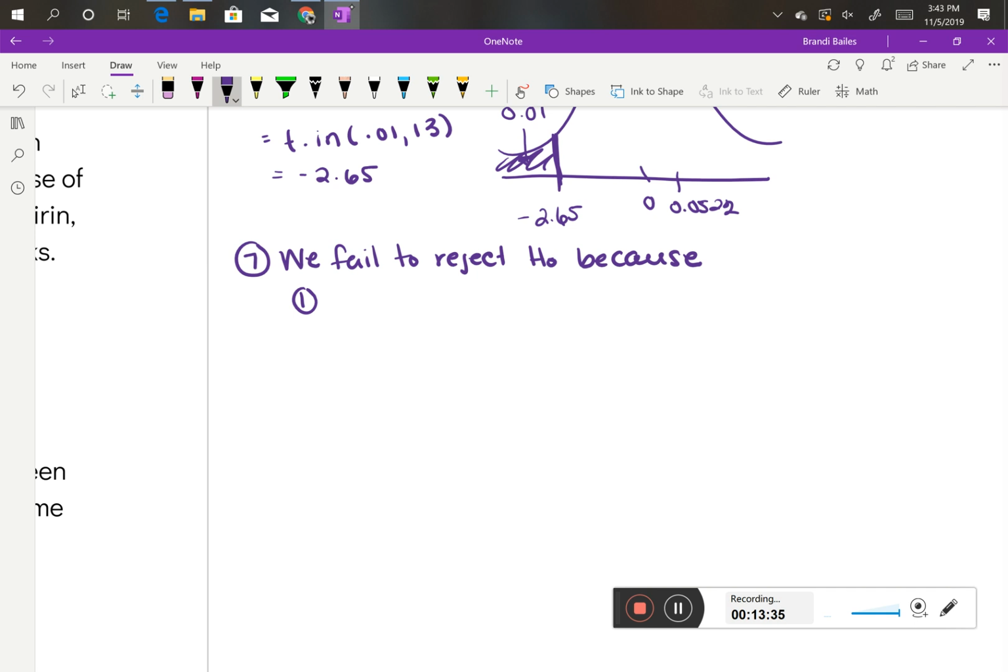First, we did p-value, so because our p-value is larger than alpha. And second, we did critical value. So for critical value, we'd say our test statistic did not fall in the rejection region.